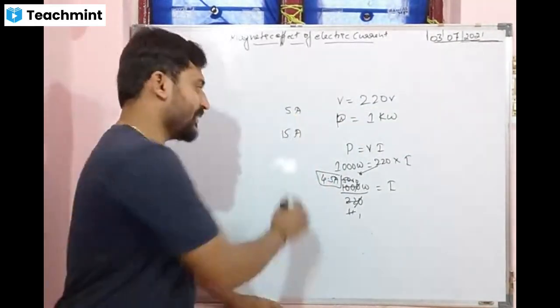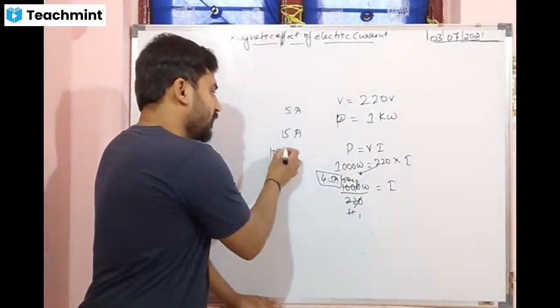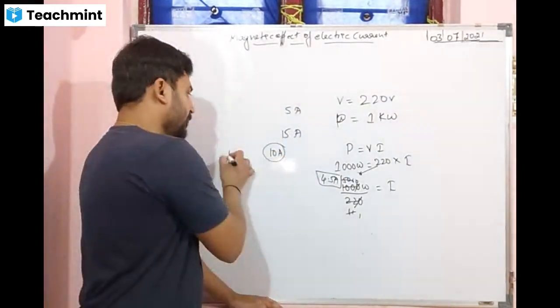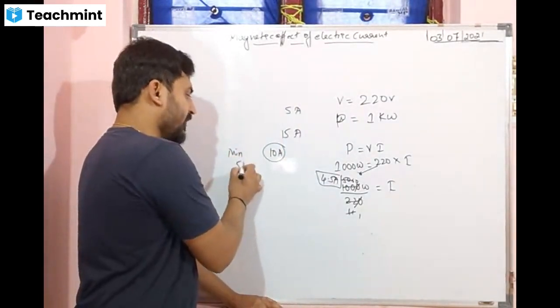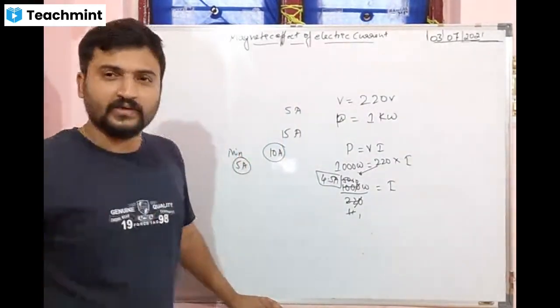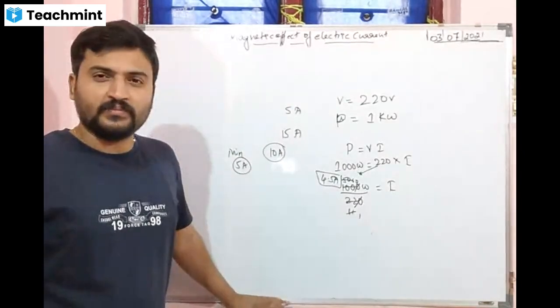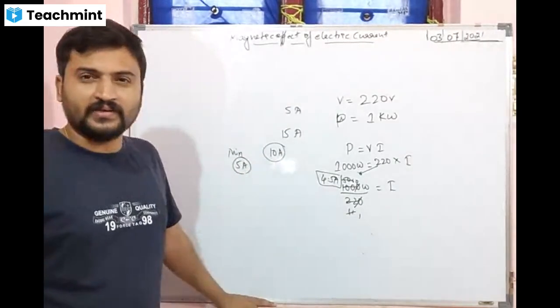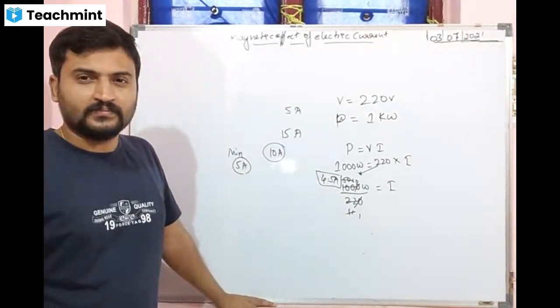So minimum at least 10 ampere of fuse you have to suggest. Minimum 5 ampere can be put, but it will be risky. So if an MCQ is asked in the exam, which will you select? 10 ampere.